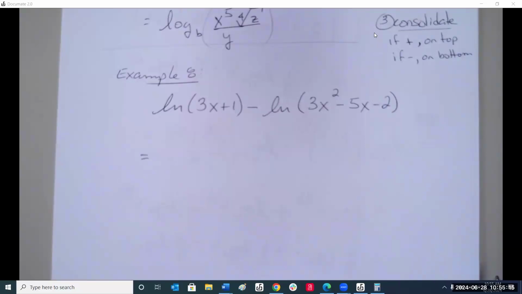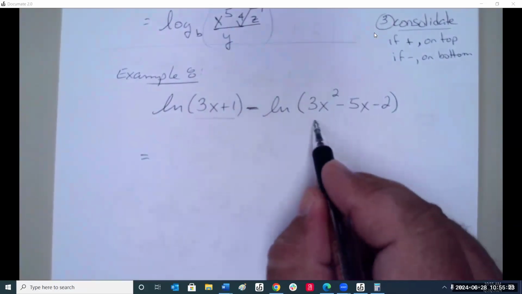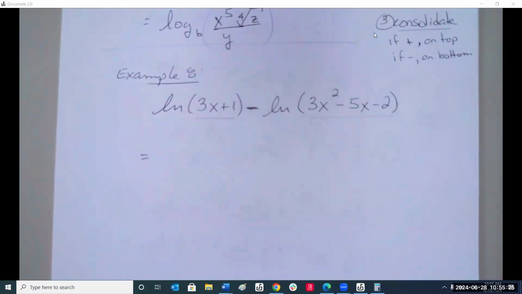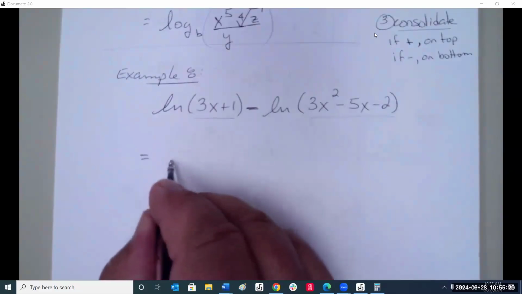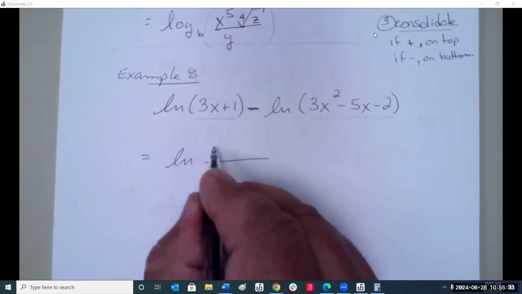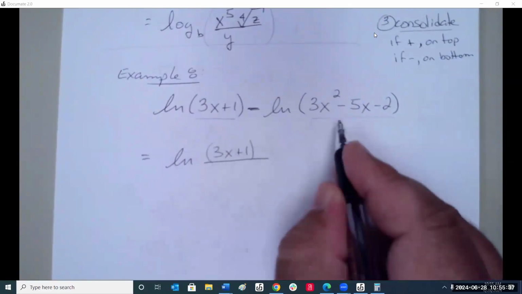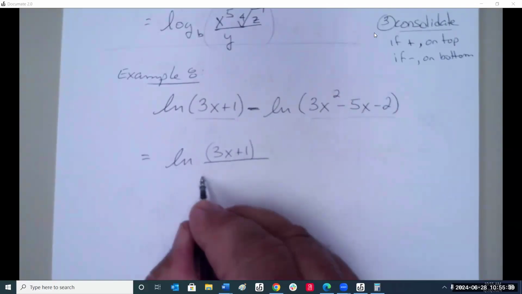No coefficients. We have a minus sign. This is one number, this is one number. It's in parentheses. So we have ln minus ln. So what does that mean? This one goes on top. Since it's minus, this one goes on the bottom.